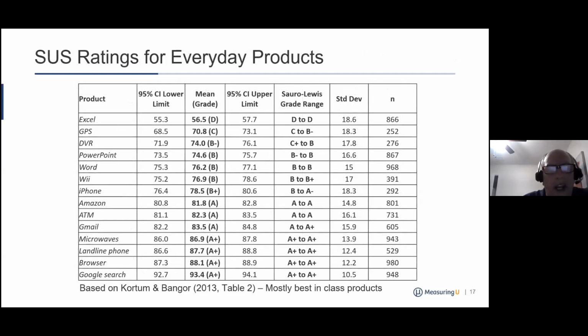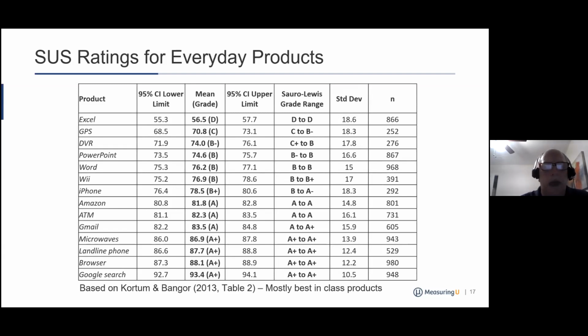In 2013, Kortum and Bangor ran the SUS on a large number of products, what they called everyday products, most of them best in class. And these were the kinds of ratings that they got. We actually see this as being reasonably consistent with the grading scale that we set up.